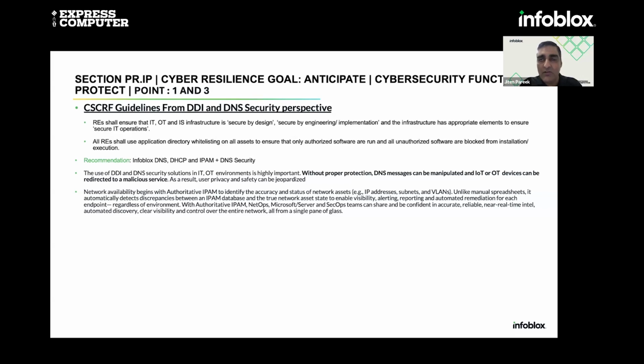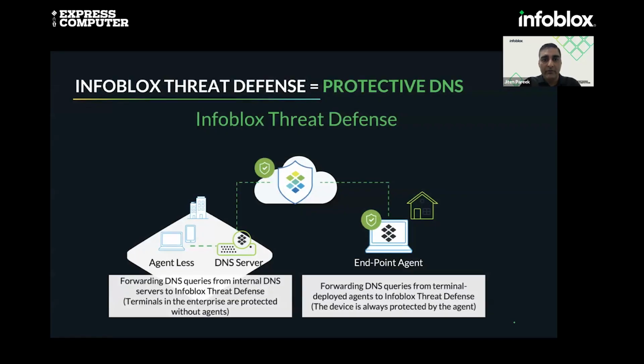Otherwise, it is very hard to investigate which IT, IoT or OT device has conducted that detection, which can lead to a cybersecurity risk. So DNS security helps you irrespective of whether the device is agentless or agent based. You can protect all kinds of devices connected to the network. And that is the beauty of DNS security.